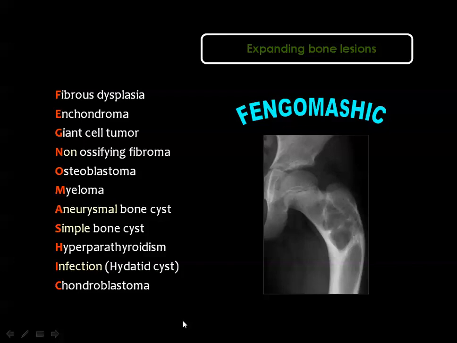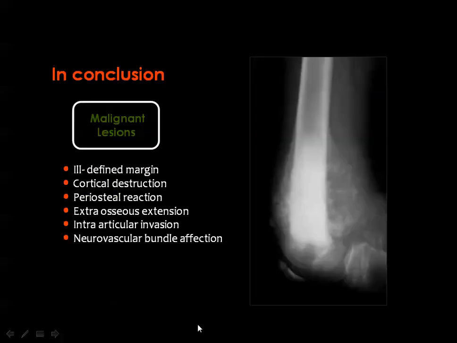And this is a trial to collect the expanding lesions of the bone, whether they are tumors or not, using the word FEGNOMASHIC. This represents fibrous dysplasia, enchondroma, giant cell tumor, non-ossifying fibroma, osteoblastoma, myeloma, aneurysmal bone cyst, simple bone cyst, brown tumor of hyperparathyroidism, and hydatid cyst in cases of infection, and finally the chondroblastoma.